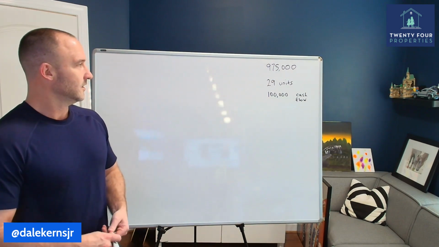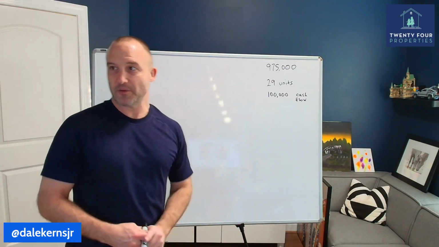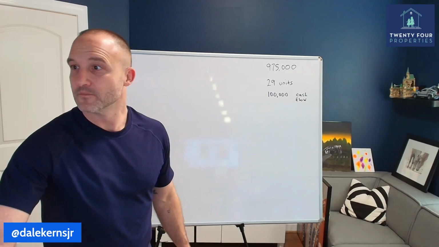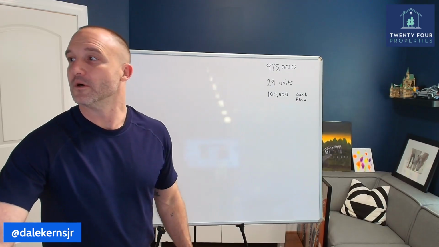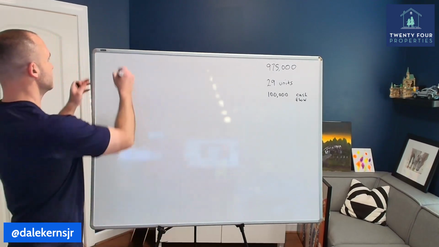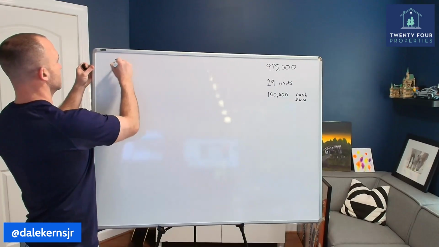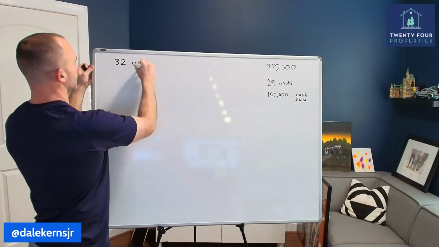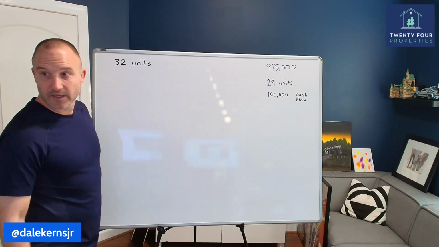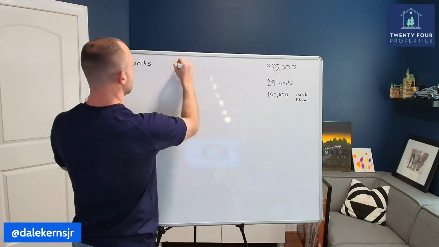Okay. So now we're going to go find another property. Let's see this one. They're asking, it's 32 units. They're asking 2,875.